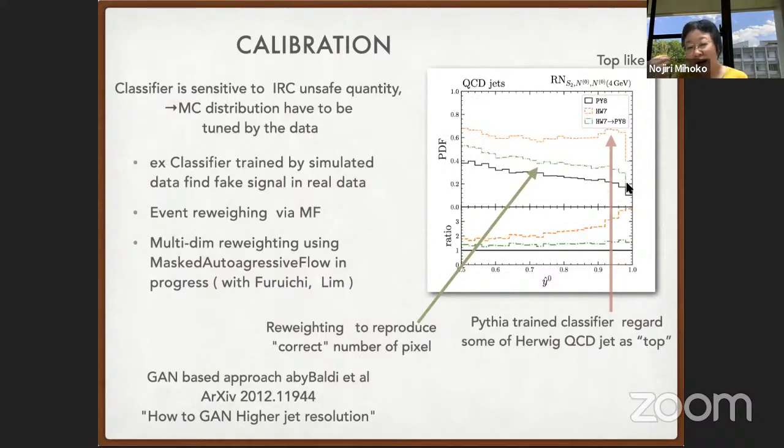I do this reweighting only for Minkowski functions, and I'm working on the higher dimensional Minkowski function reweighting with my collaborators, and we will see if it could be better or not. This is actually a kind of interesting thing to do. Thanks.